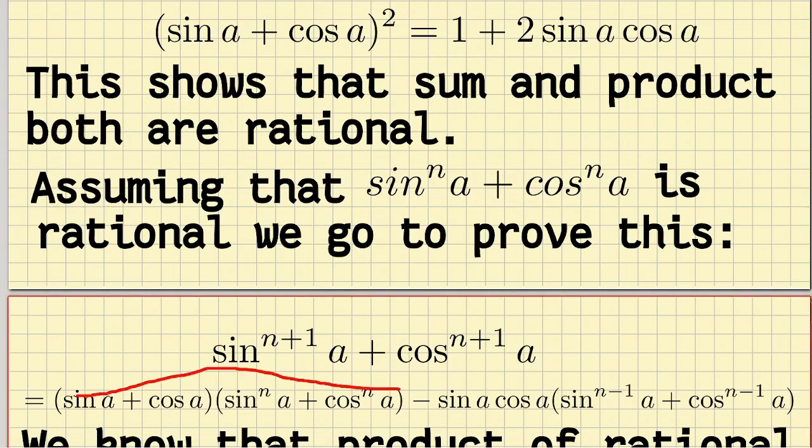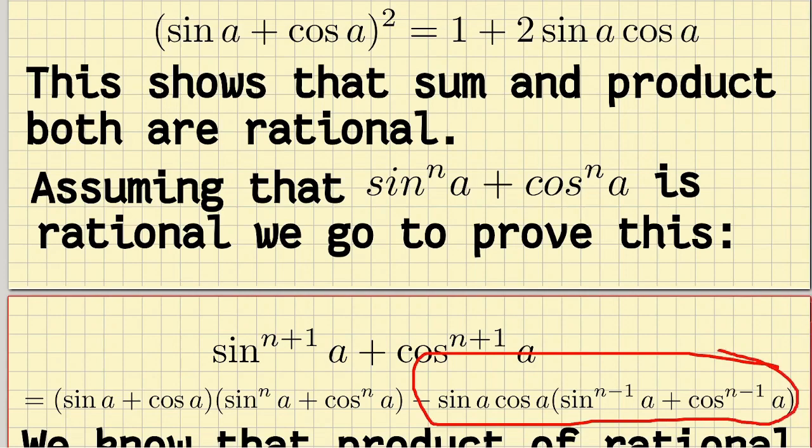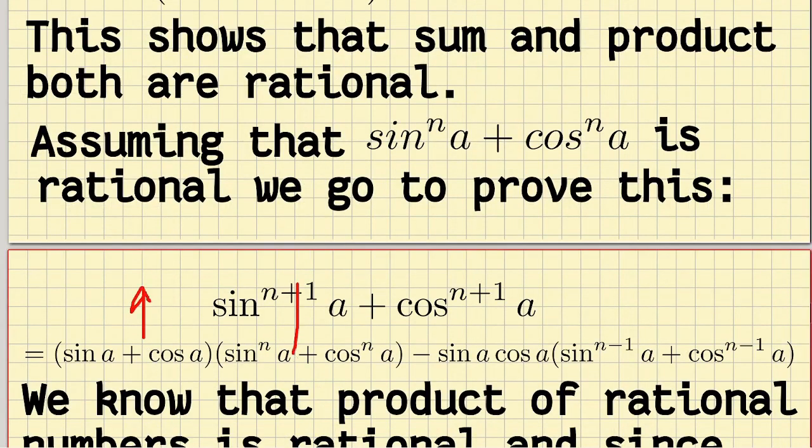For some people this might be difficult to think, but we will try sin plus cos to the power n, and we get these terms too, and we will just subtract these terms, right? And we know this is a rational number, this is a rational number, then the product too has to be rational, and this product is also rational as I proved above.